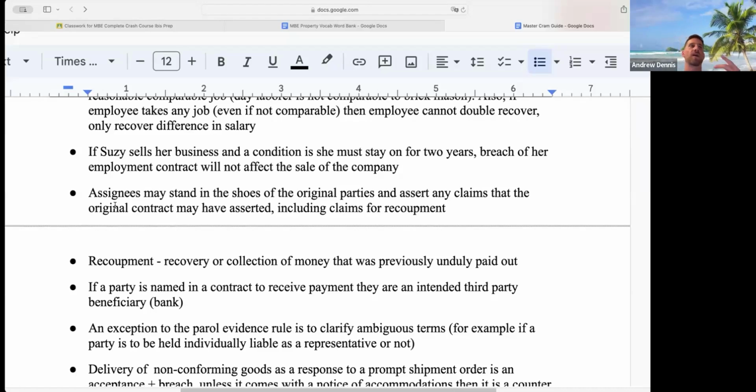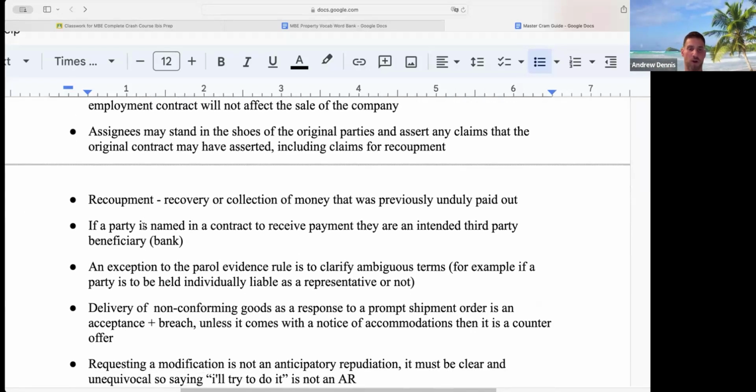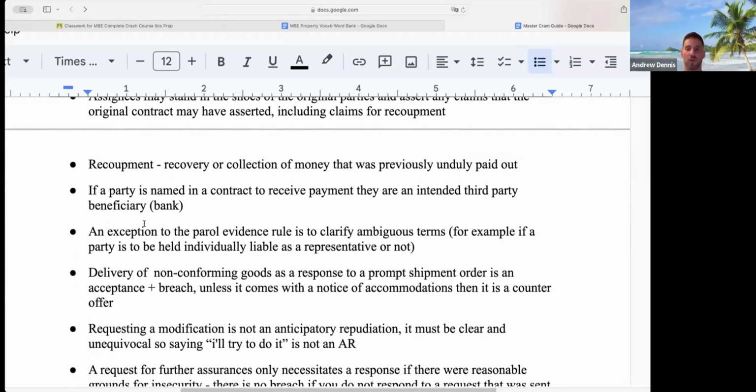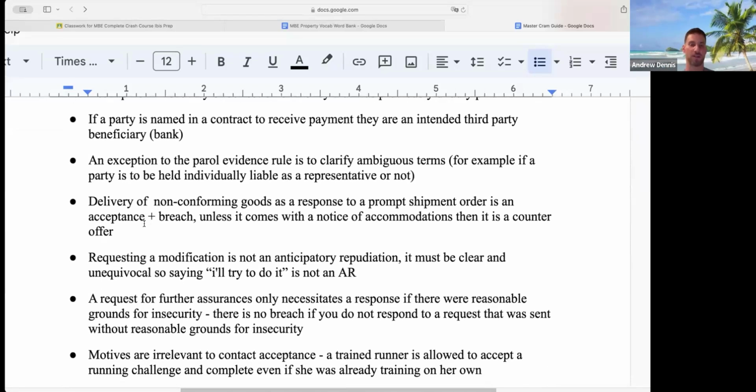Like if A owes B money and then C owes A money, B can recoup that money from C, because A owed B money, C owes A money, and with a claim for recoupment, potentially B could get the money from C. So that could also be an assignee. We just said recoupment is recovery or collection of money that was previously unduly paid out. So if a party is named in a contract to receive payment, they're an intended third-party beneficiary. Let's look out for intended beneficiaries.